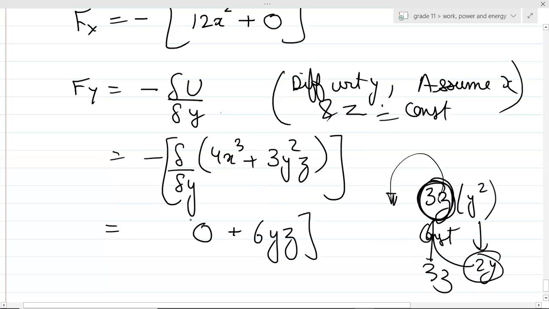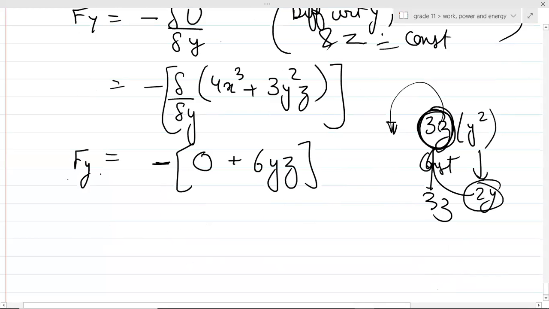Everyone understood what exactly I did? I assumed 3 and z as constant, took them out of differentiation, and differentiated that y square. When I differentiated that y square, it became 2y. And then I multiplied it with 3z and it became 6yz. So this is my y component of the force.